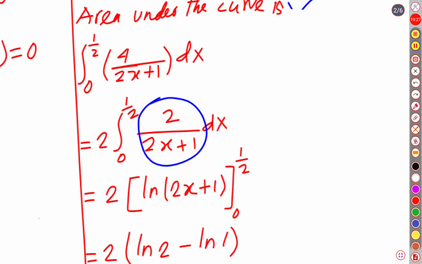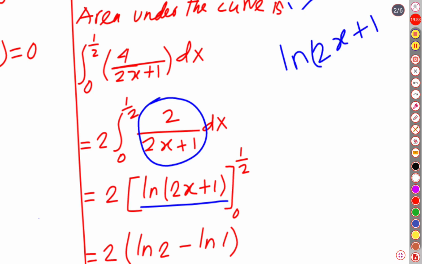If I explain the shortcut method to remember this, we know that integration is antiderivative, that means the reversal of differentiation. So let's differentiate ln of 2x plus 1.